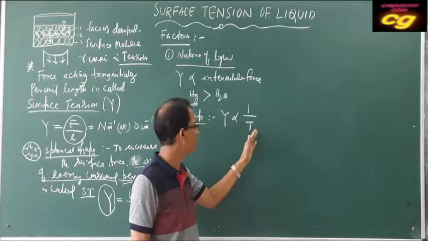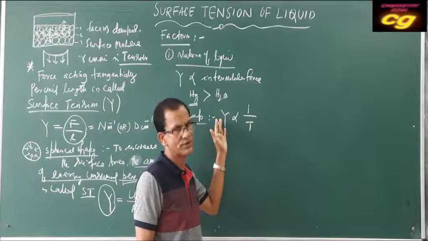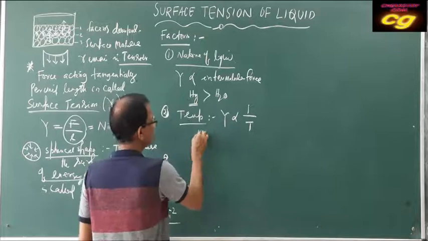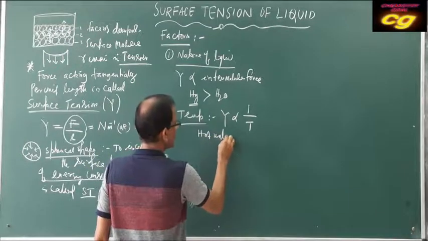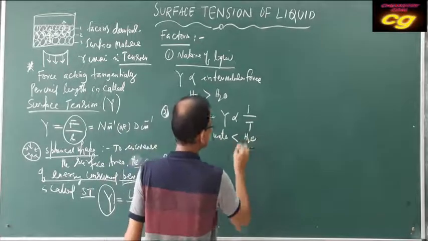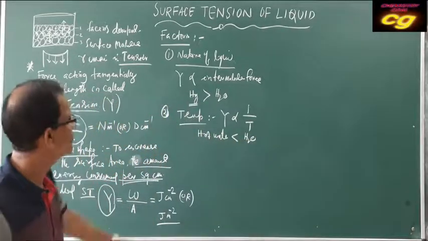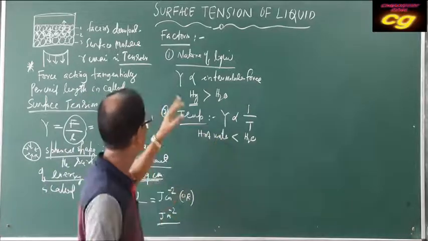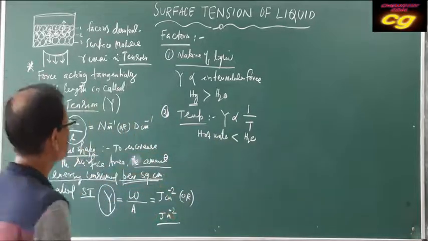So more temperature, less surface tension. Hot water has low surface tension than cold water, because hot water has higher temperature. So that is temperature and nature of liquid.